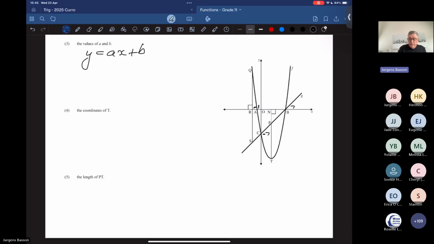I think you all agree with me, b will be minus 7, because that is the y-intercept, which we know from the previous question. So we must now find the gradient.